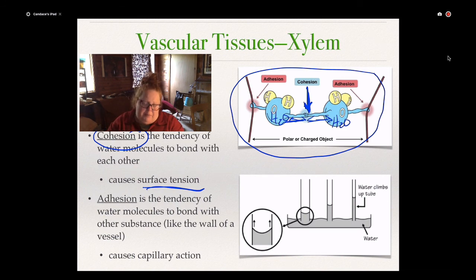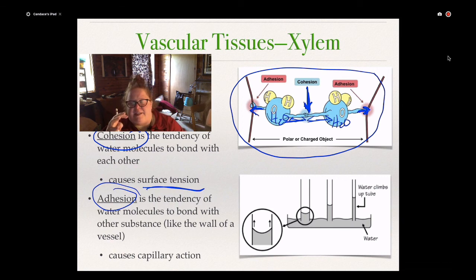The second property is that water has an adhesive force. Something that helps me remember this is an adhesive bandage or a Band-Aid. It sticks to your skin. So adhesion is water's attraction to other surfaces. That's what we see here.